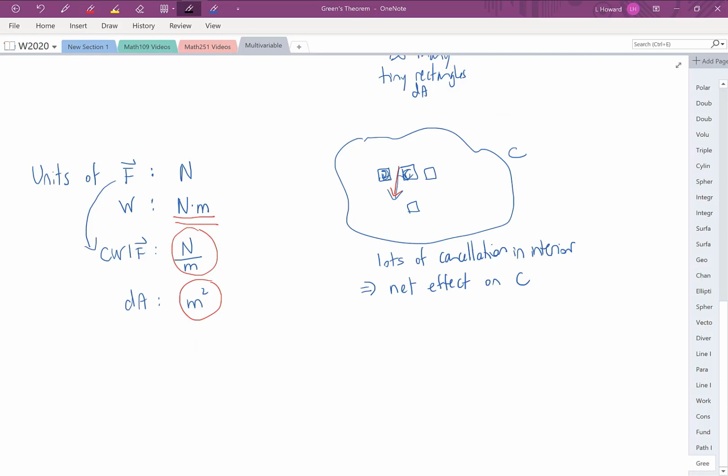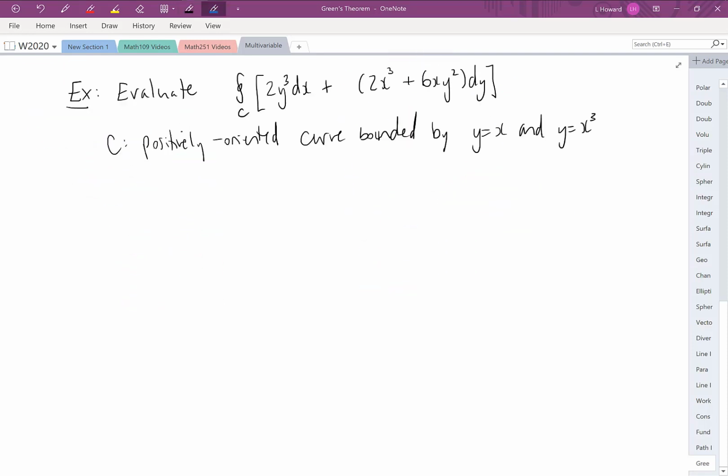So with that, let's try an example of Green's theorem. We are going to evaluate the following line integral where we've got a description of the curve that we're integrating around. It's the positively oriented curve bounded by y equal x and y equal x cubed. So maybe we could start by drawing a picture of C. So here's our line y equal x, and our curve y equal x cubed would look a little something like that.